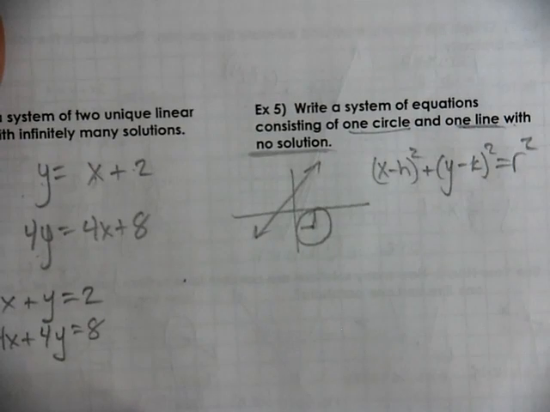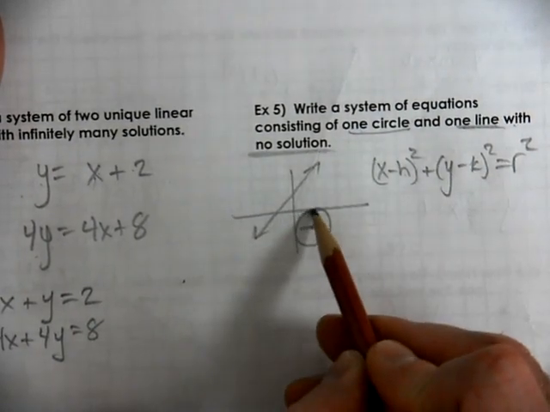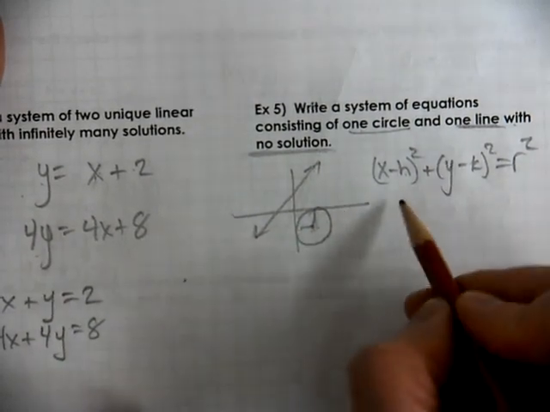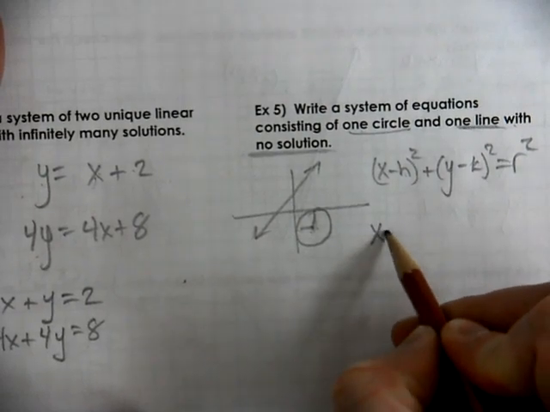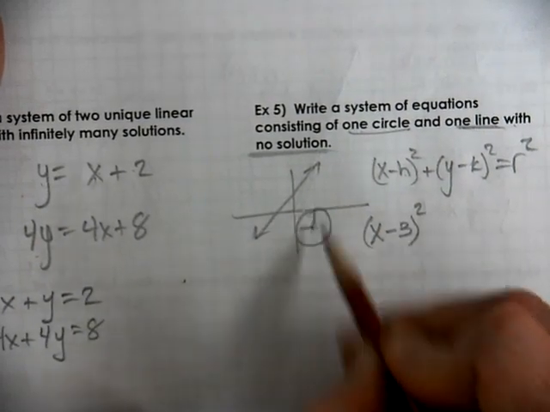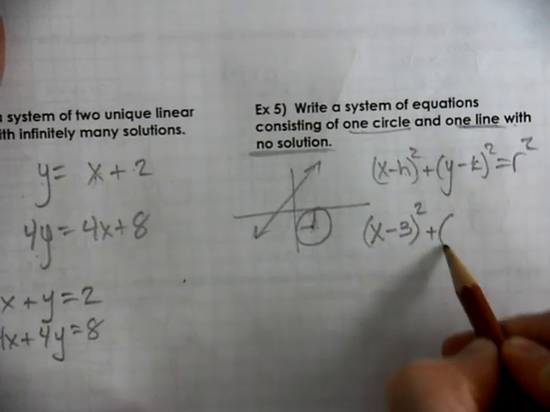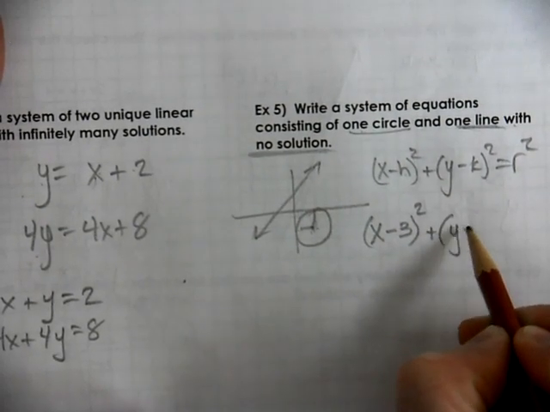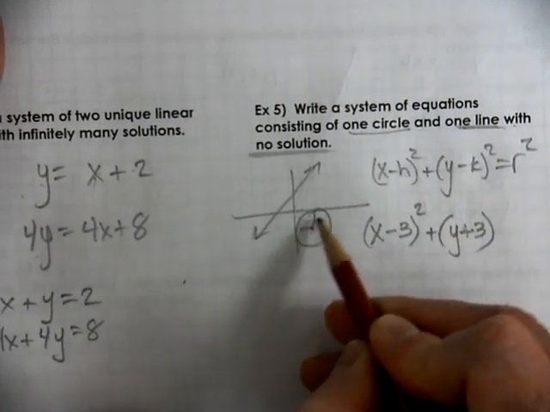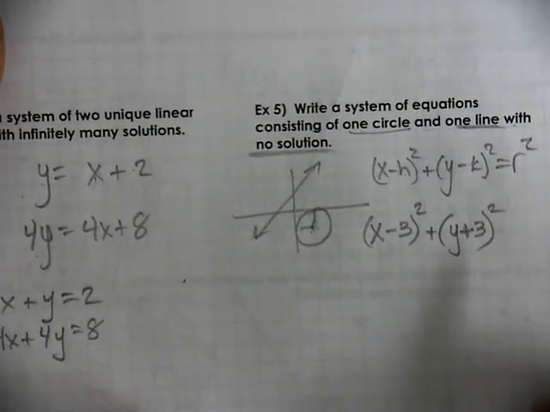That's the equation of a circle, where my h and k is my vertex. Well, I need to come over and down the same distance. So let's do that. X minus 3 means I'm going to go 3 to the right. Plus y plus 3 means I'm going to go 3 down. Remember, it's the opposite. Different reasons for that.